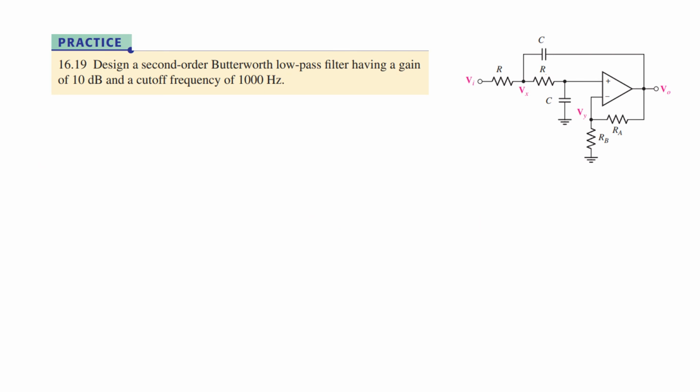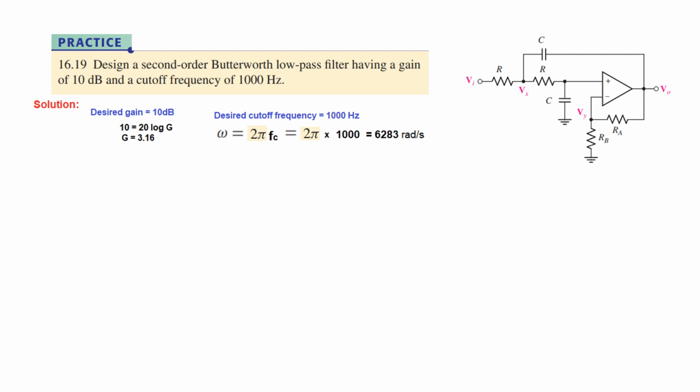Now the practice problem is again similar. The only thing is the gain is now changed, 10 dB, while the cutoff frequency is the same. So I'll quickly go over this. We're just following the same technique as we have done there. So the gain in this case we're now calculating: the required gain is now 3.16.